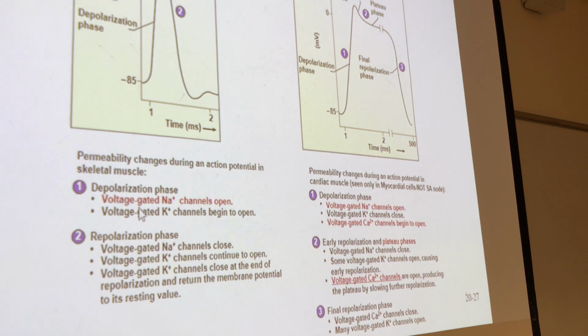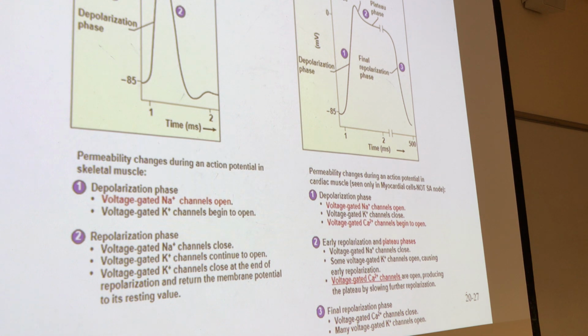In heart though, cardiac muscle, right, in order to have a nice sustained long contraction, we stimulate it once and the depolarization lasts a long time. How come it lasts for a long time? Because as soon as we open up the voltage-gated sodium channels and we depolarize, a second group of channels open up. And these are voltage-gated calcium channels.